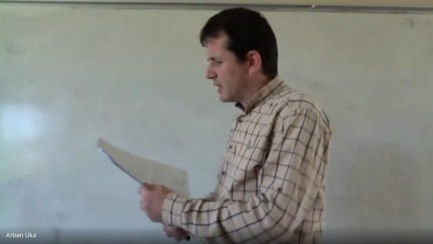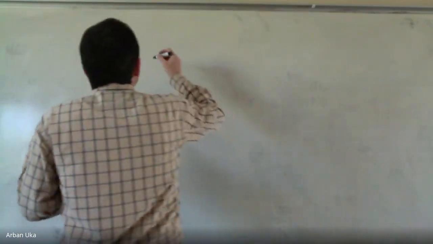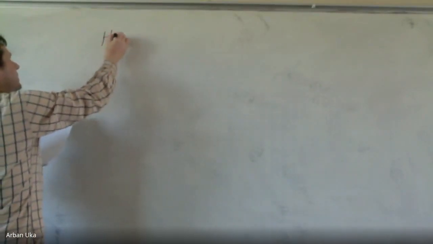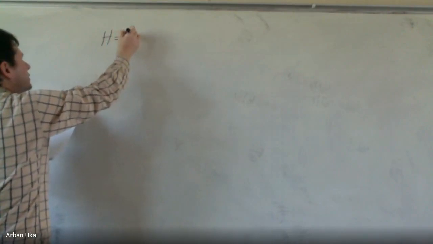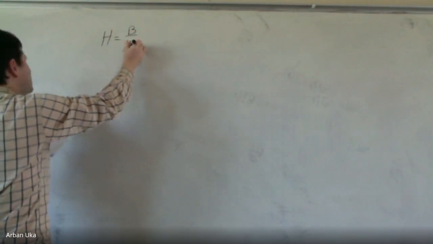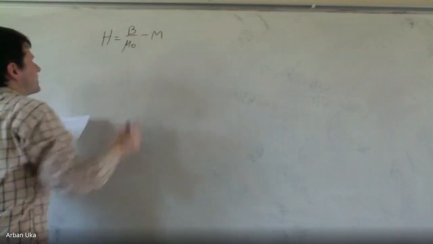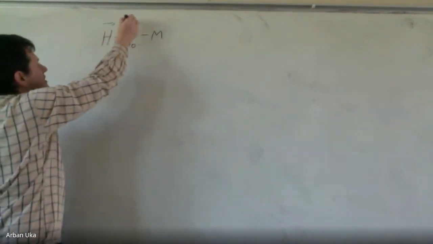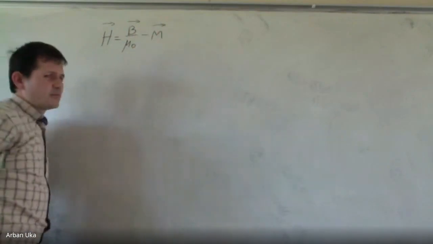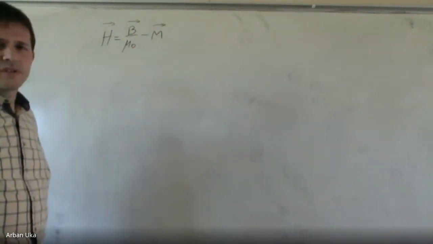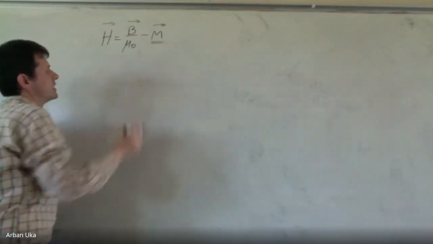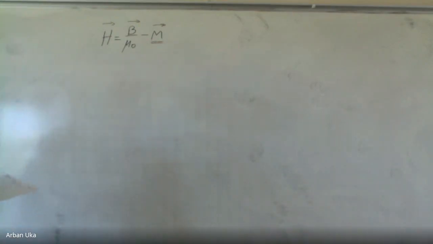For a short review, the H, the intensity, is equal to the magnetic flux density divided by the permeability minus the magnetization. And the magnetization is the magnetic moment's density, the dipole moment density.